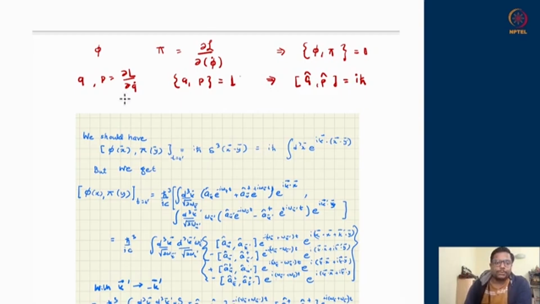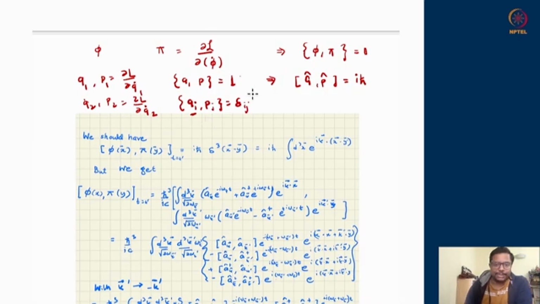Now suppose there are two particles, classically, let us say q1 and q2. So I would have q1 p1 and q2 p2. Then you would have a structure like the Poisson bracket of q_i and p_j equal to delta ij. That means q1's Poisson bracket with p2 should be 0. It should be non-zero only with p1, and vice versa. q2's Poisson bracket should be non-zero only with p2, and with p1 its Poisson bracket should be 0.